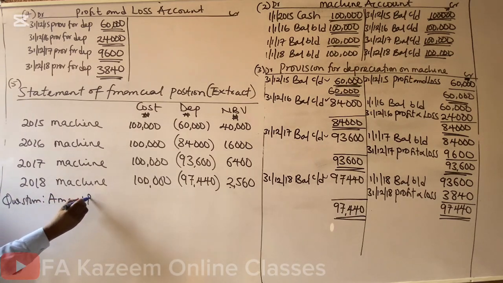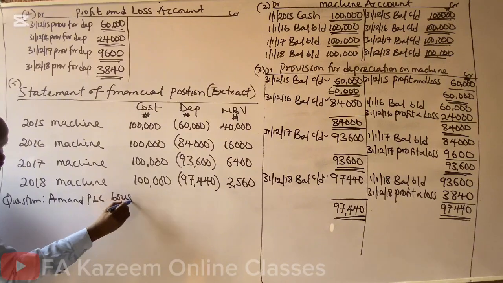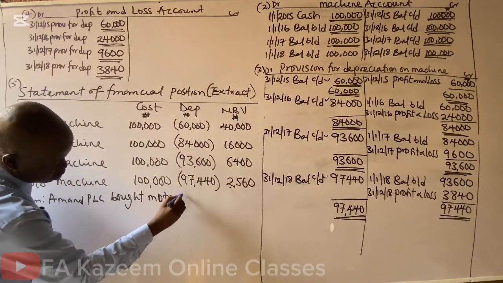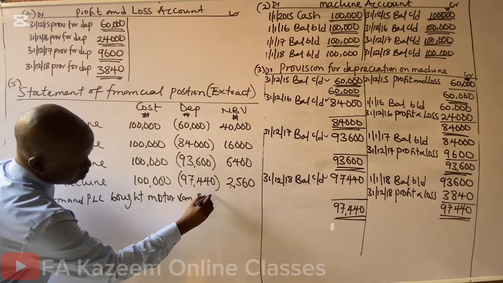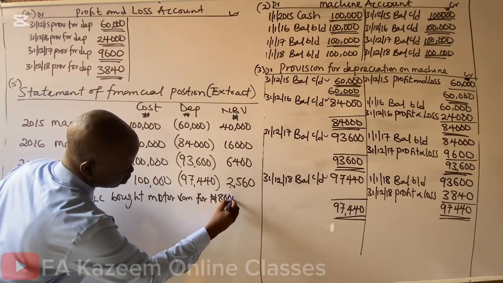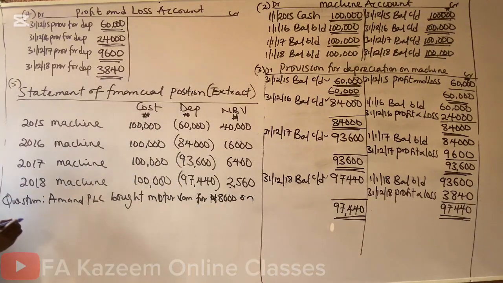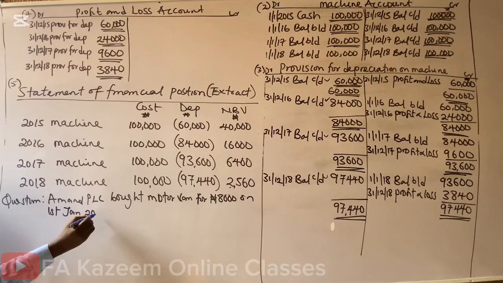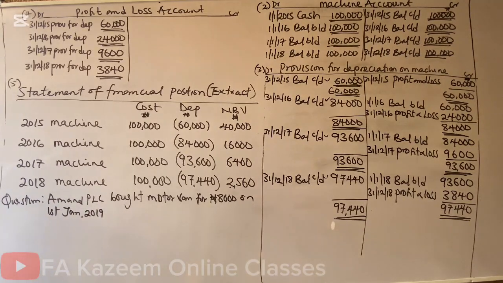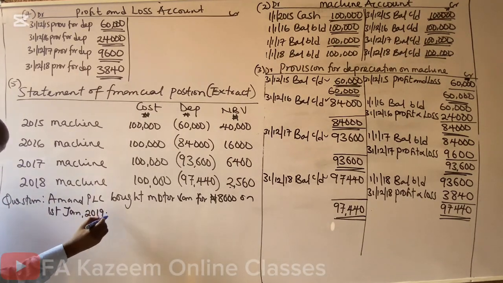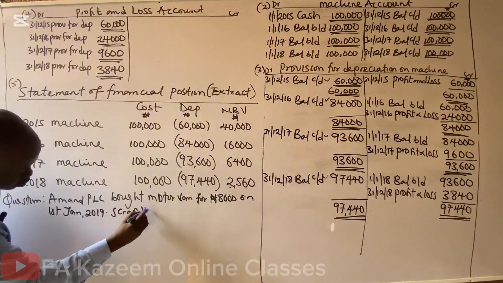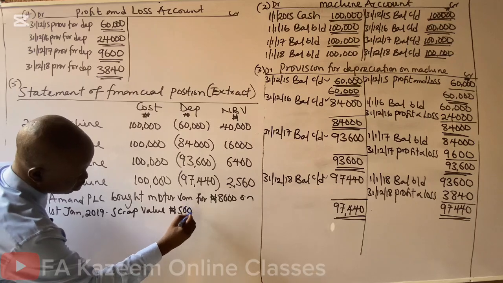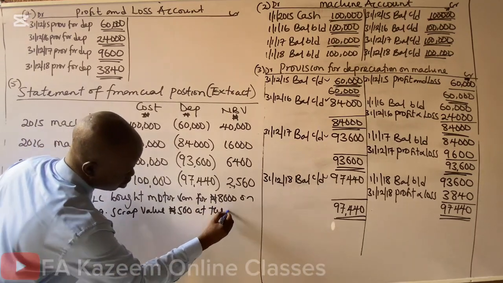Amanda PLC bought a motor van for 8,000 naira on 1st January 2019. Scrap value 500 at the end of 4 years.